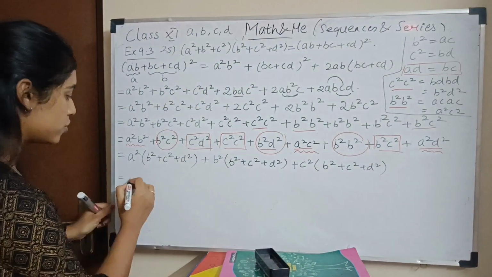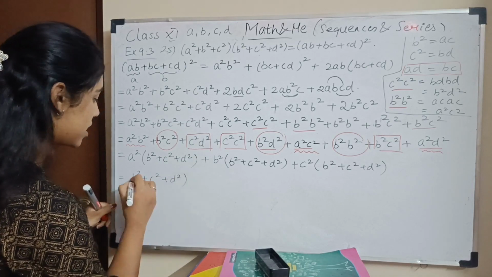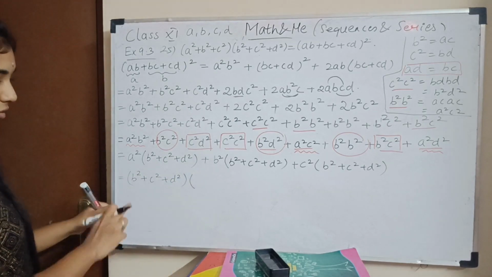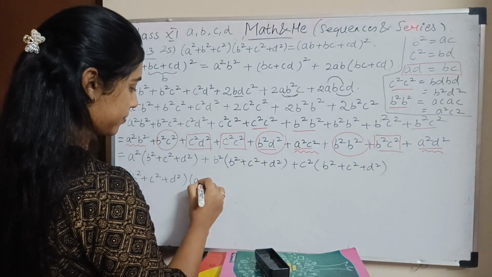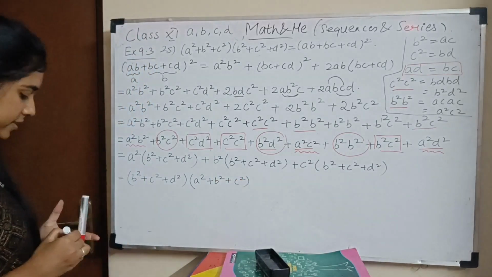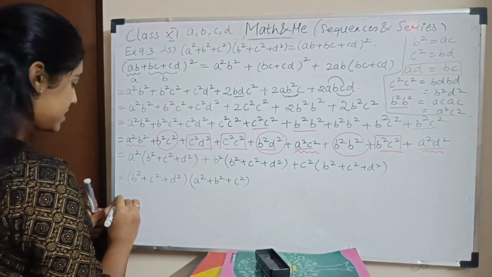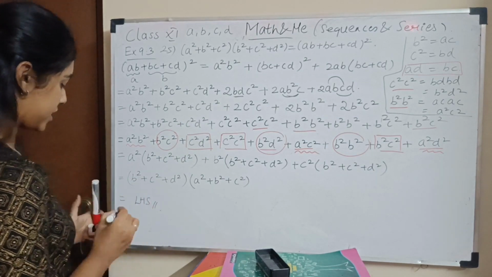So what am I going to do? I'm going to take b square plus c square plus d square outside the bracket. What am I left with? a square plus b square plus c square. So this is equal to the LHS that is given in the question, hence proved.